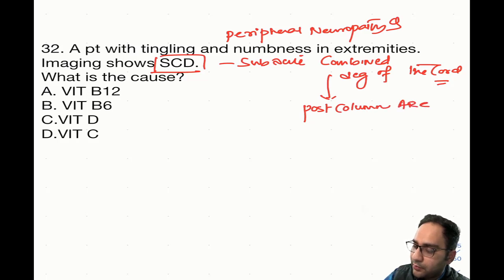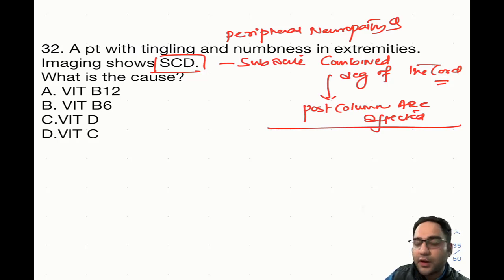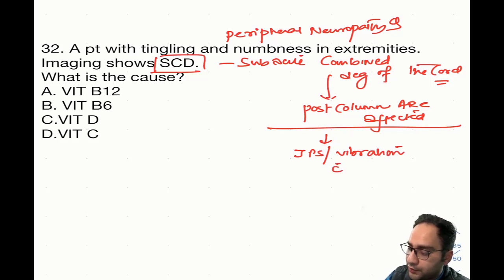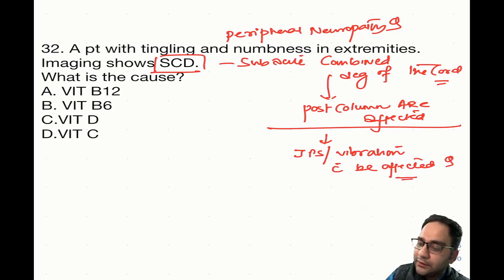So if your posterior columns are affected, your joint position sense and vibration will be affected. Right? So this is seen with vitamin B12 deficiency.